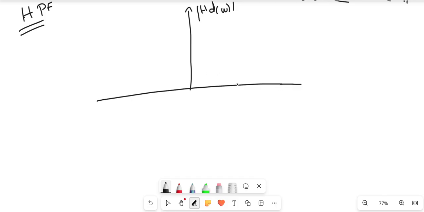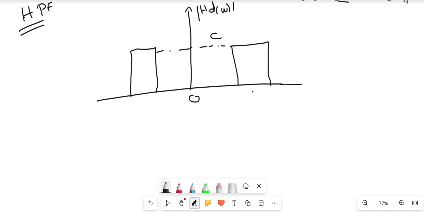You can represent it from 0 to 2 pi, or in terms of minus pi to plus pi. This is a constant C, and the high pass filter passes from omega c to pi and from minus omega c to minus pi. This you should remember.